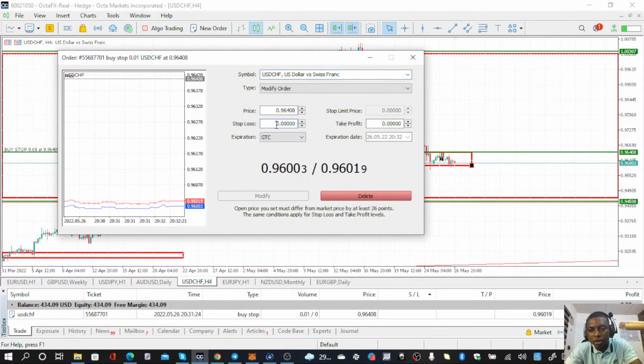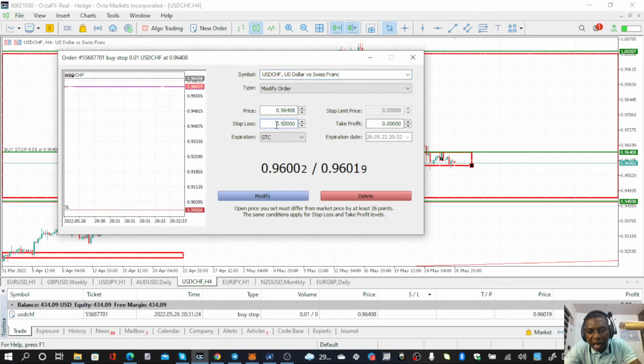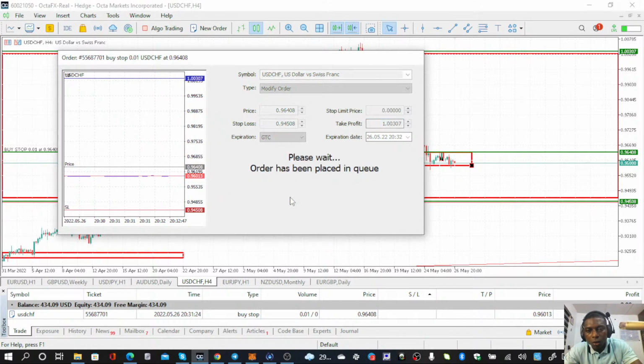So stop loss is 0.94508 and the next one is 1.00307. Okay, then we go.